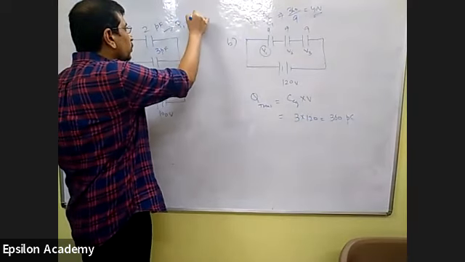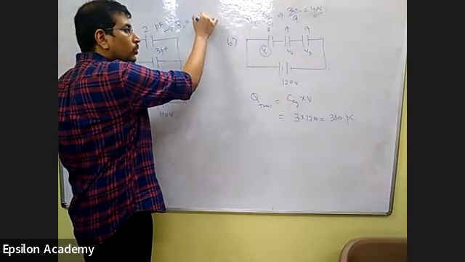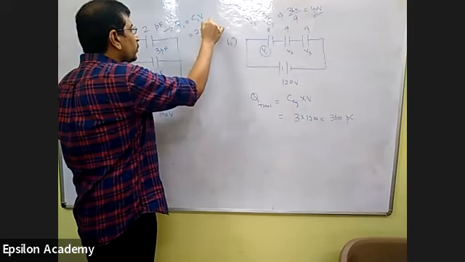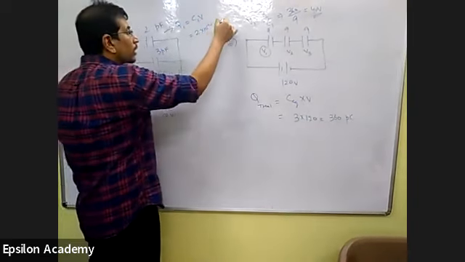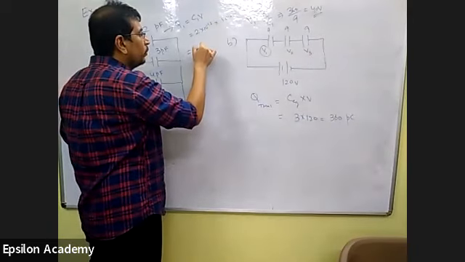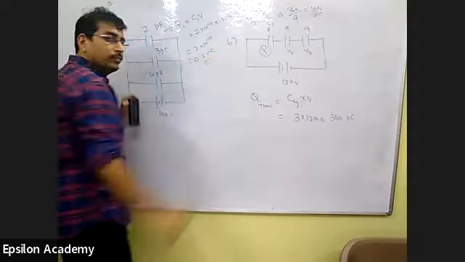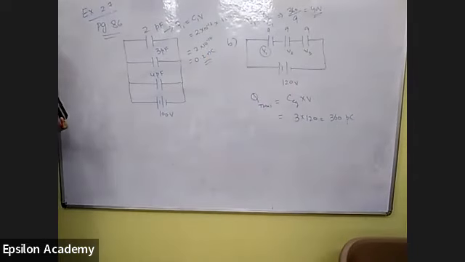Q1 will be equal to C1 into V. So C1 is how much? 2 into 10 power minus 12 into V is 100. So it will be 2 into 10 power minus 10 or 0.2 nanocoulomb. Or you can write it as 2 into 10 power minus 10 coulomb itself. Nano is 10 power minus 9.